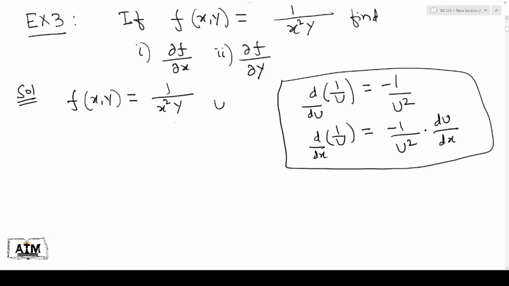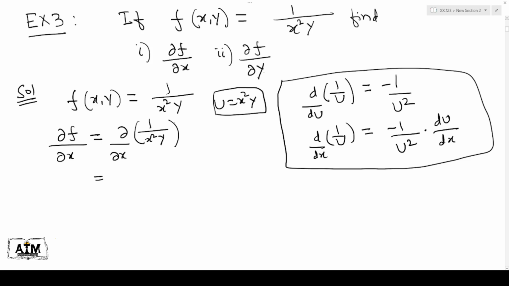So u equals x square y. So the partial derivative of f with respect to x equals the partial derivative of 1 upon x square y with respect to x. Here u equals x square y.